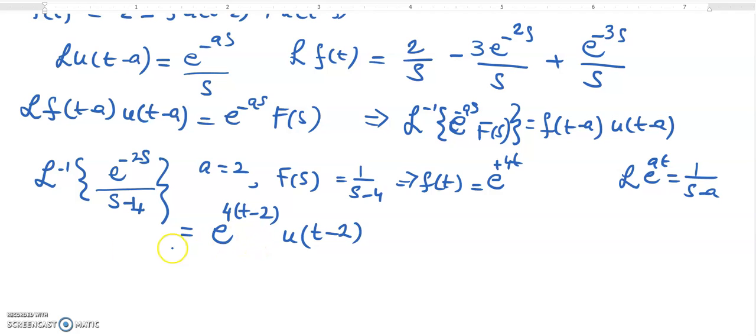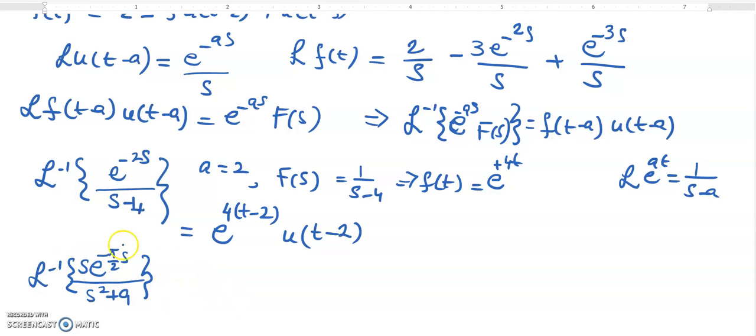Let's take another example. Laplace inverse of e power minus pi by 2s over s square plus 9, and also s over here. So s over s square plus 9.